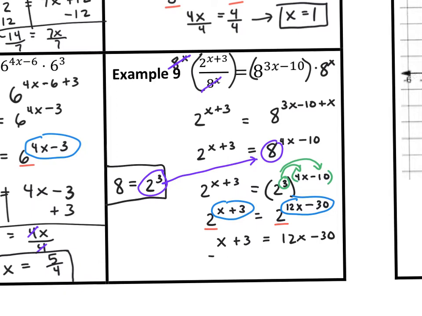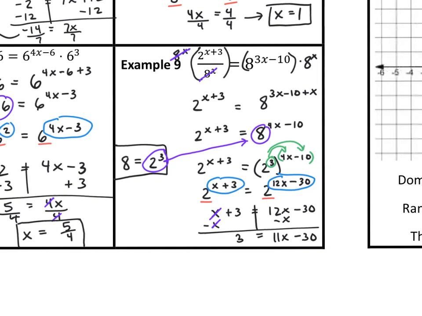And I'm going to subtract x. The x's will cancel on the left, and I'm going to be left with 3 equals 11x minus 30. Uh-oh, it looks like I'm running out of space. The next thing, right, what's the opposite of subtracting 30? Adding 30. So I'm going to add 30 to both sides here.